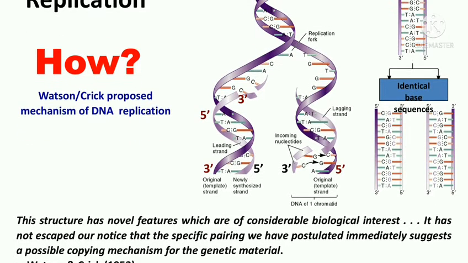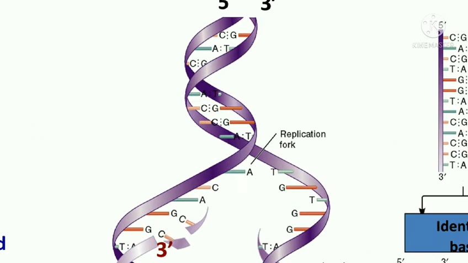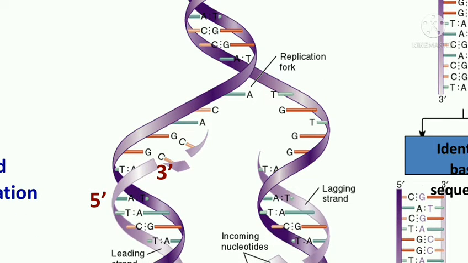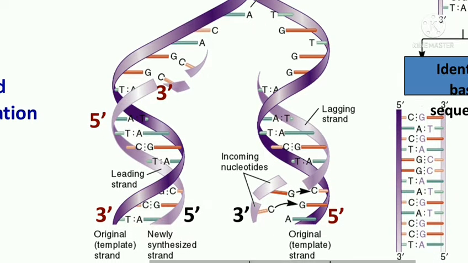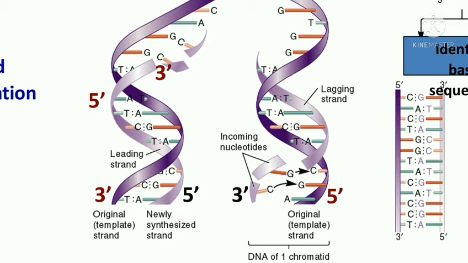Look at the structure of the DNA, the double helix. There is base pairing here, and there are broken hydrogen bonds that create a replication fork. The strands shown here are the leading and the lagging strand.